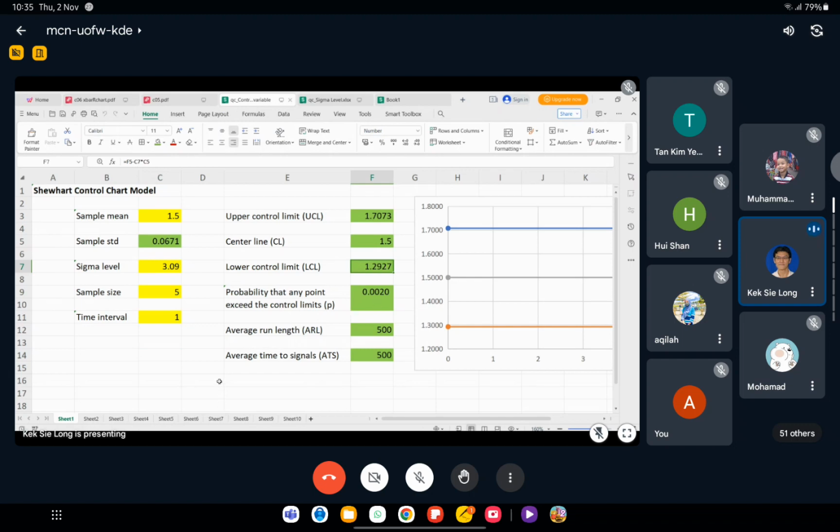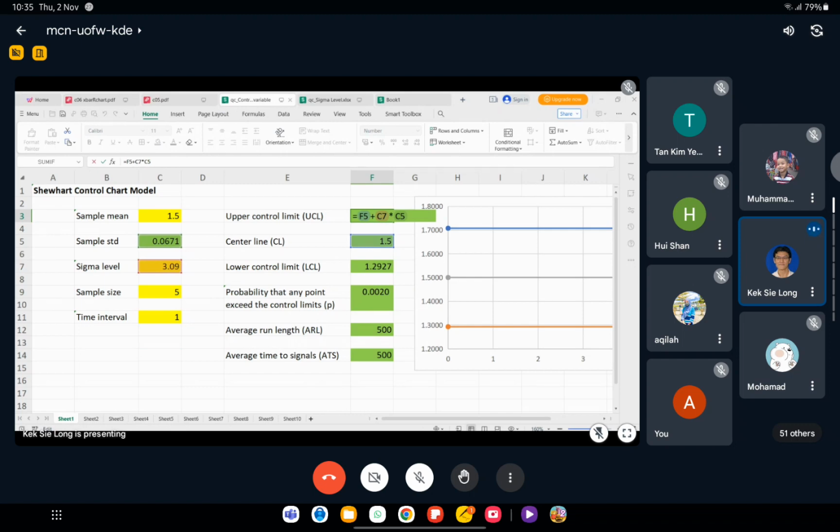If your Excel is ready, you can try to key in the formula. You can practice so that you know how to use Excel to do this simple calculation. To calculate the upper control limit, I'm not sure whether you can see clearly because I put them in color.